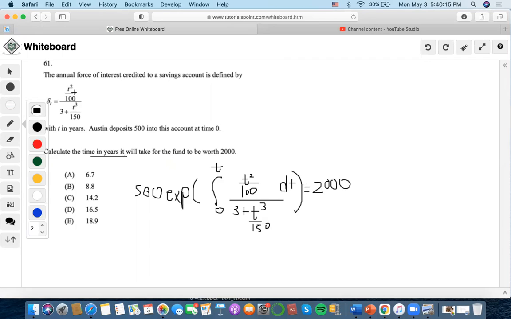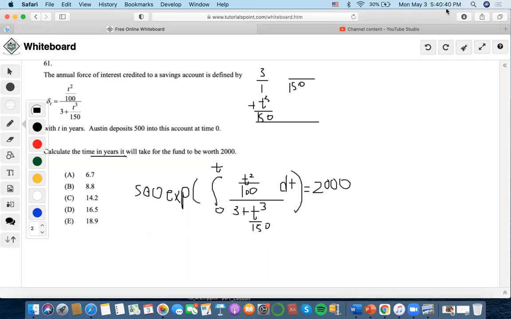So let's simplify this because it looks like a huge chunky fraction. I'm going to combine the denominator first. So 3 plus T cubed over 150, and then multiply by 150.